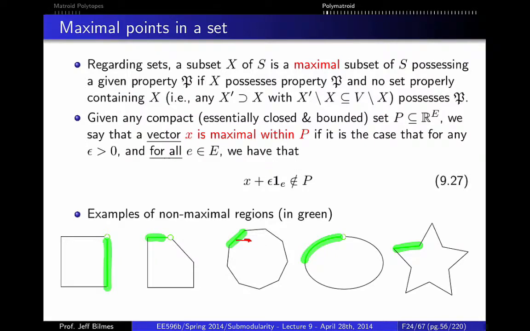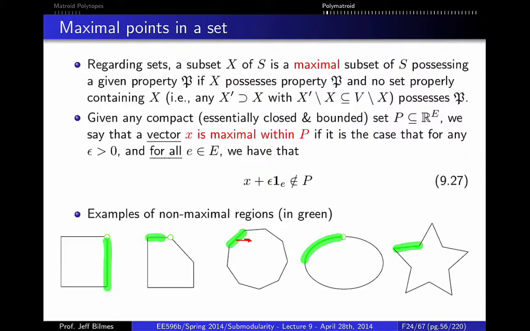Wouldn't the green one just be the complement of the maximal set? If you were to outline all the edges that were in non-maximal regions, wouldn't it just be the complement of the maximal regions on the boundaries? True. I'm not saying that it's giving everything that's non-maximal.